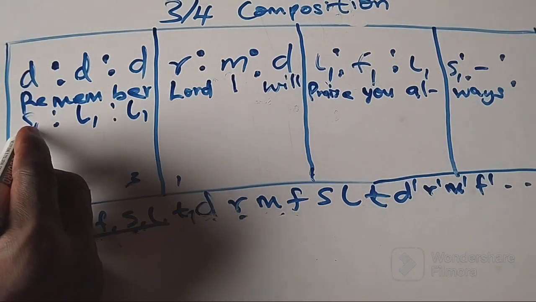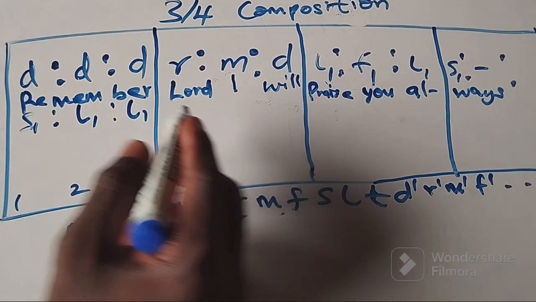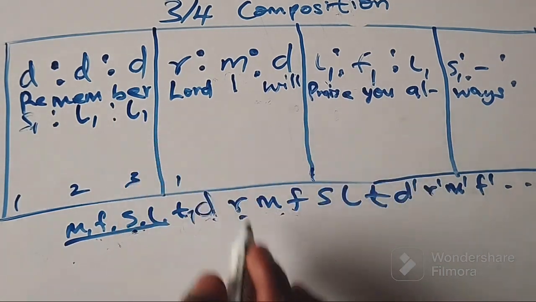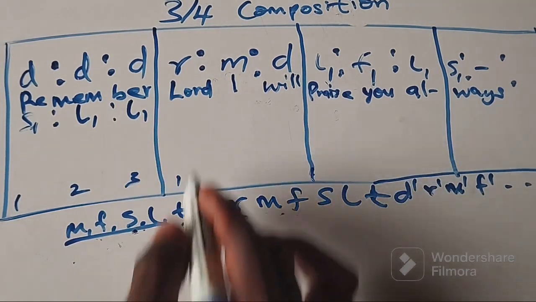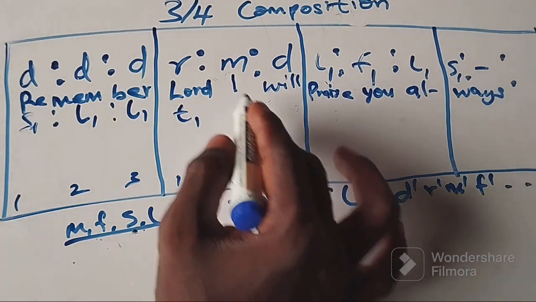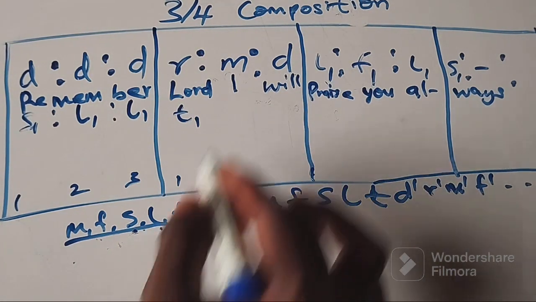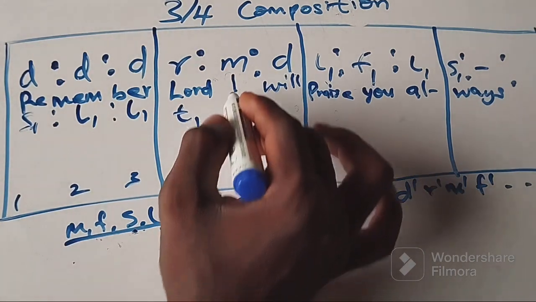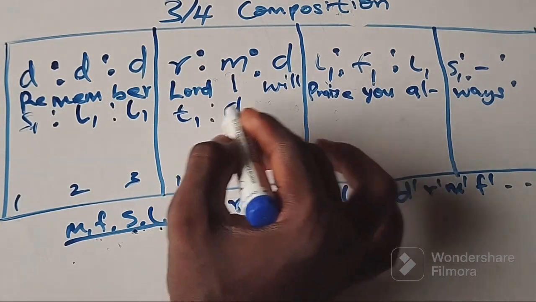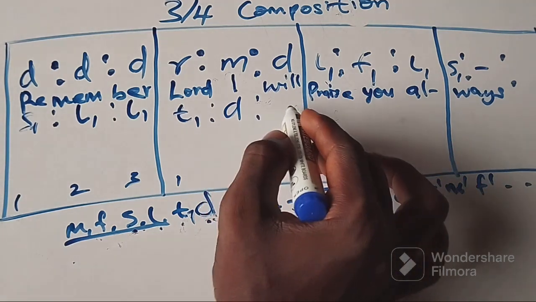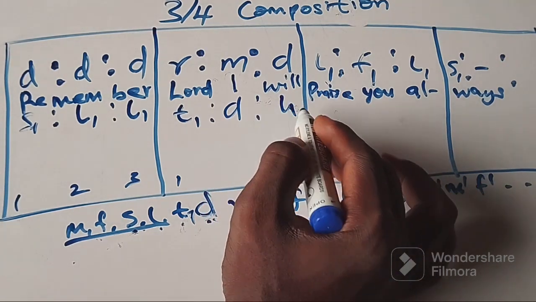So I can put sol la la, then here the soprano is singing. I will go down to get it. See, soprano is singing mi. I will move down and get do for alto. Soprano is singing do. I will put la.